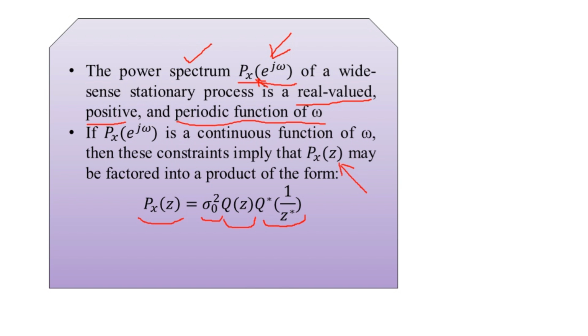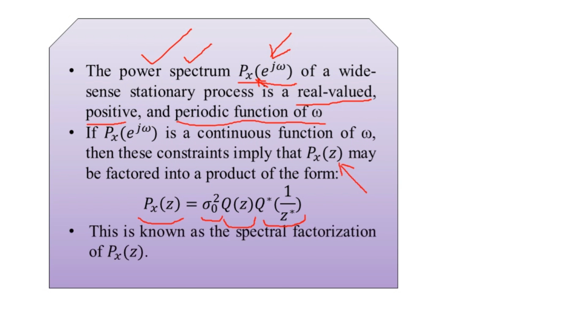So the representation of the power spectrum in such three factors is confined to the frequency domain. Here the tool is the z transformation, and this is nothing but the spectral factorization with respect to the power spectral density of a discrete time random process.